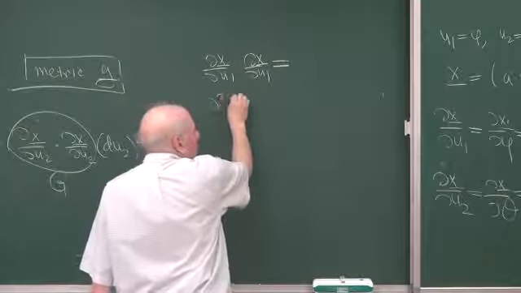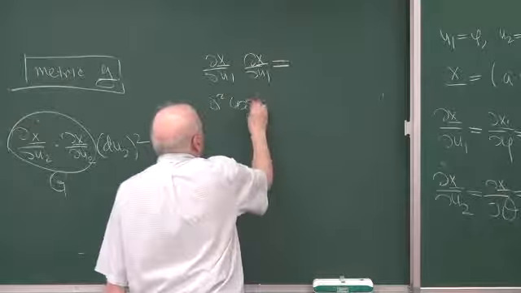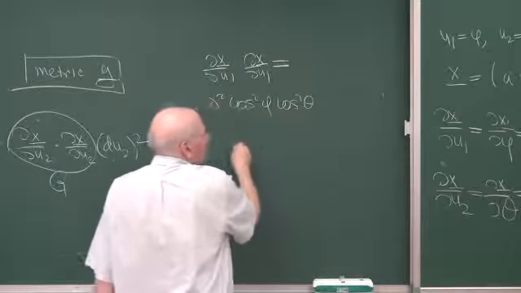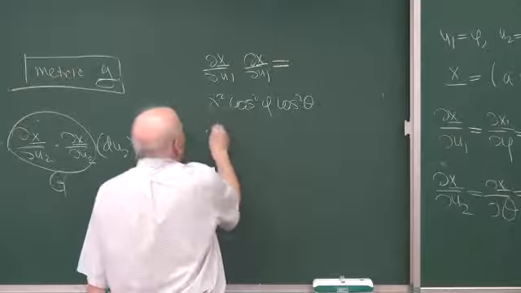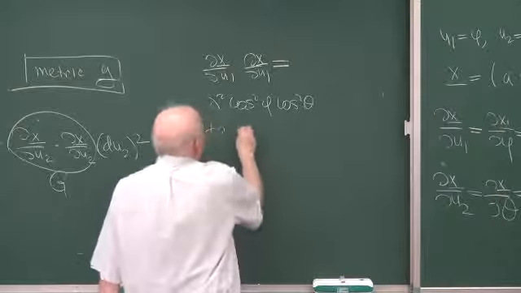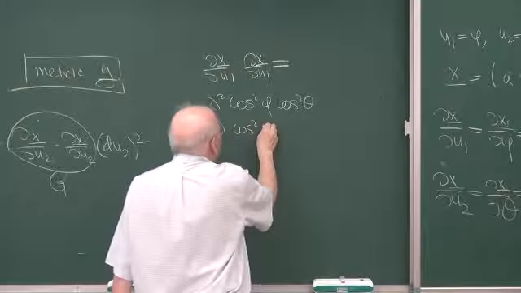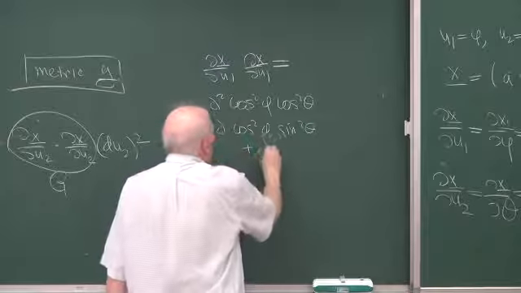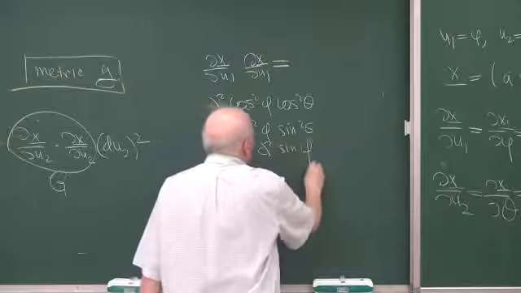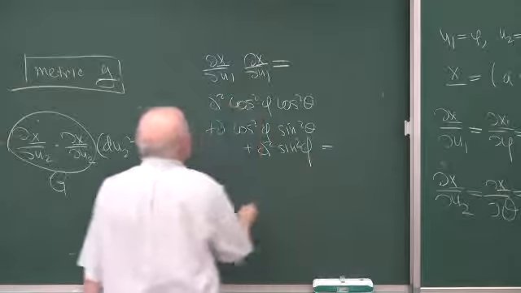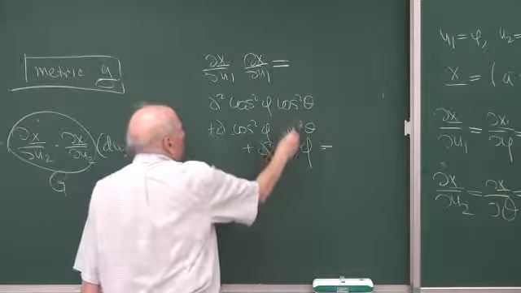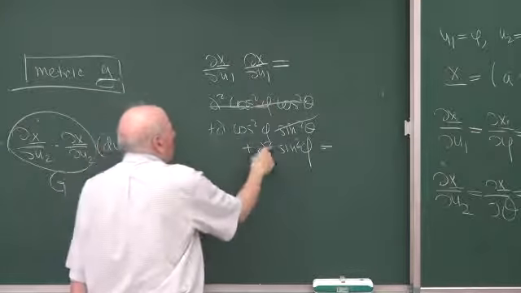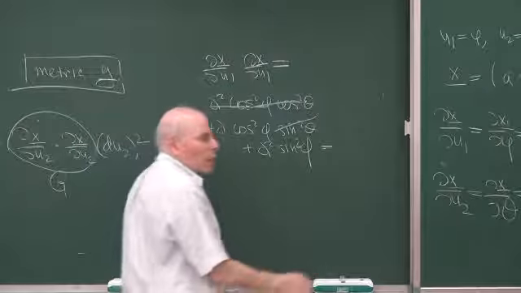So it's a squared cosine squared phi cosine squared theta, plus a squared cosine squared phi sine squared theta. And the last one is a squared sine squared phi. So these two just give a squared cosine squared phi, and a squared cosine squared phi plus a squared sine squared phi is a squared.